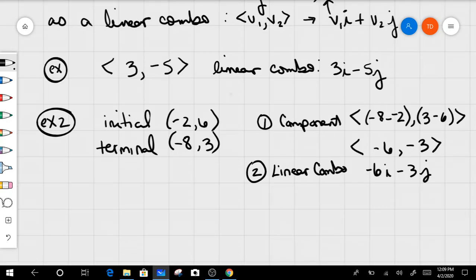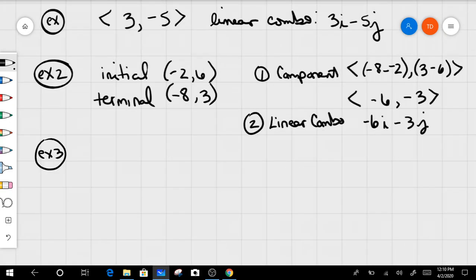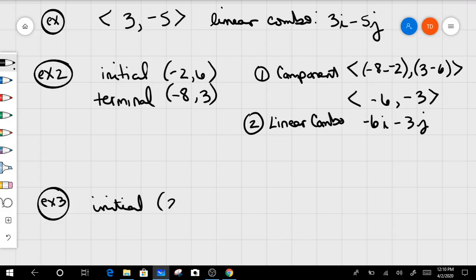I'm going to give you one more example, and I want you to pause, and I want you to try to do this one, and then see if you get the same answer that I do. If the initial point is 2, -5, and the terminal point is -1, 3.